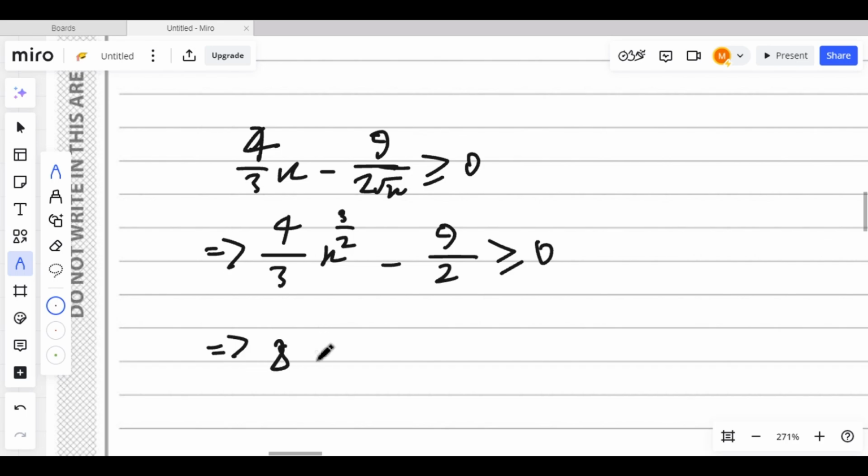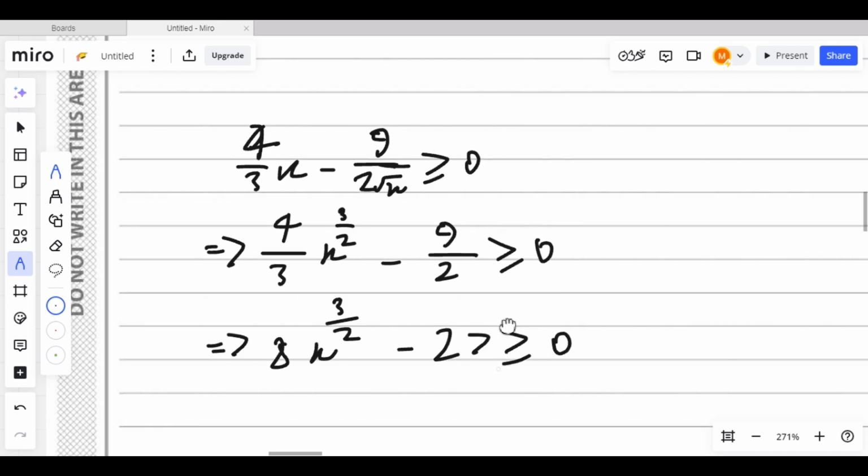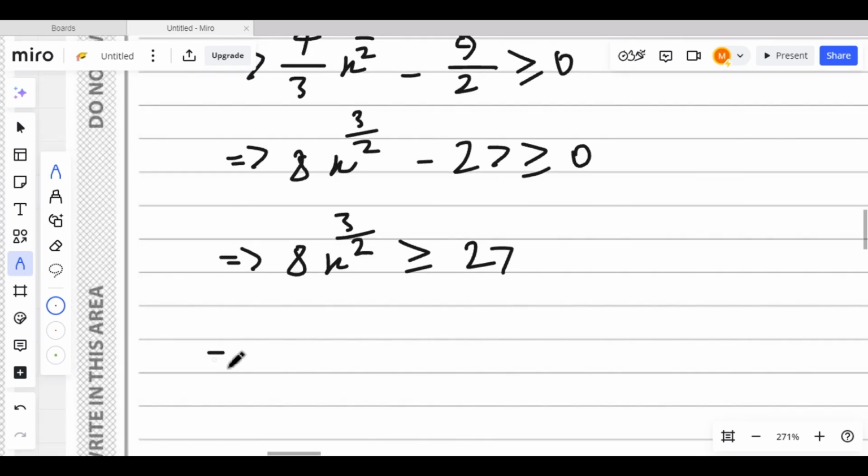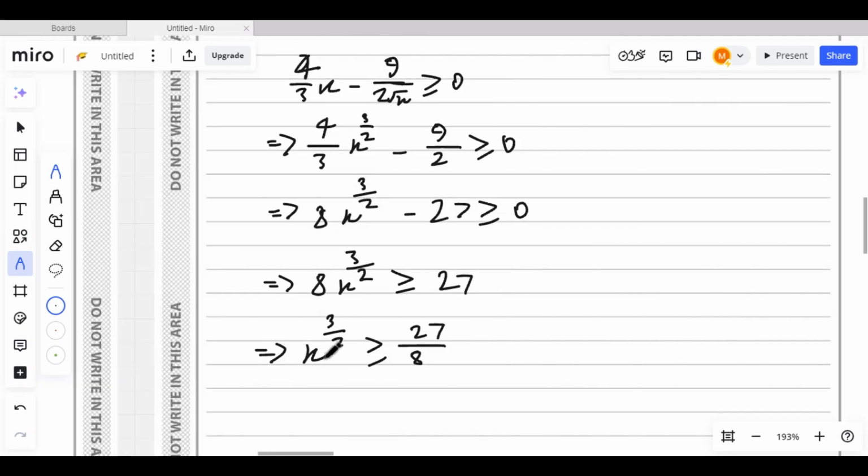So you'll get 8x to the power 3 over 2 minus 27 greater than or equal to 0. So we'll get 8x to the power 3 over 2 greater than or equal to 27, so x to the power 3 over 2 greater than or equal to 27 over 8.